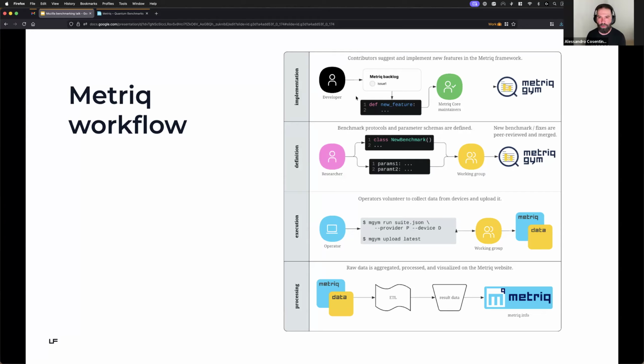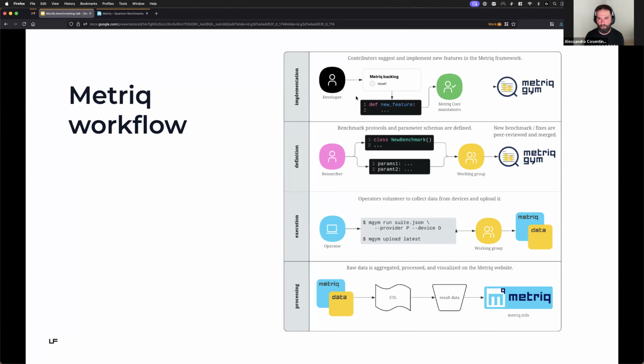You can fix bugs, and then as Metric core maintainers, we can have a discussion and approve through simply a GitHub pull request. So this is all classical software written in Python. So really everyone can contribute to that.